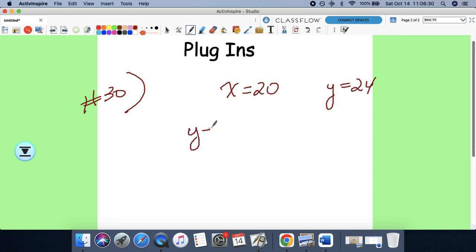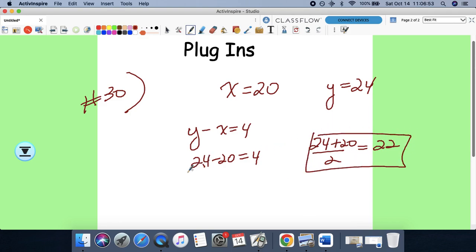So y minus x equals 4. So 24 minus 20 equals 4. What is the average? Well, if you take the average, it will be 24 plus 20 divided by 2. And 24 plus 20 is 44 divided by 2. You get 22. So the average is 22.